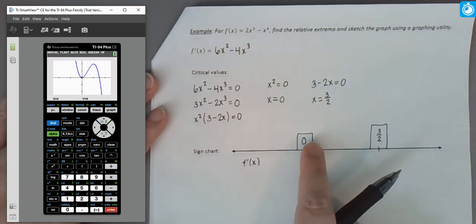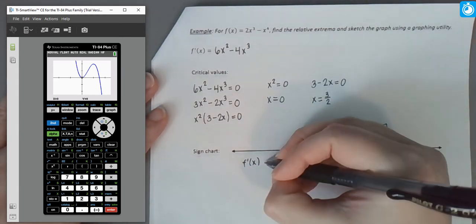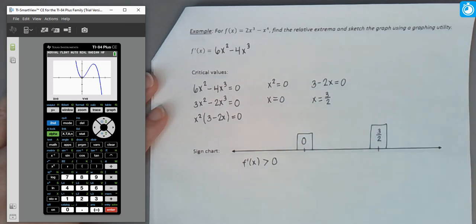So the derivative for any x value that's less than 0 is going to be greater than 0, because all of our x values less than 0 are corresponding to y values above the x-axis, so all of the derivative values are greater than 0. Now again, don't forget, this is not the graph of the function, this is the graph of the derivative. Each of these points represents the value of the derivative for our function. So for any x value less than 0, the derivative has a positive value.